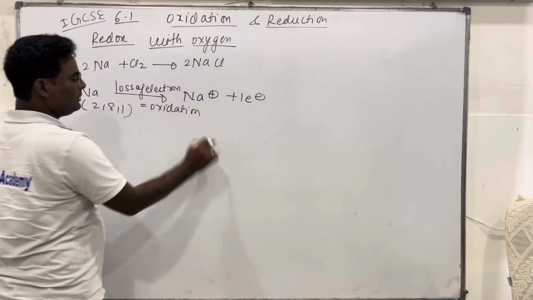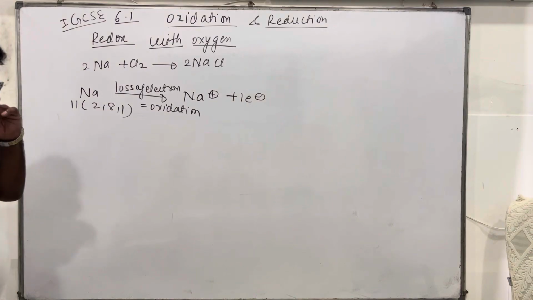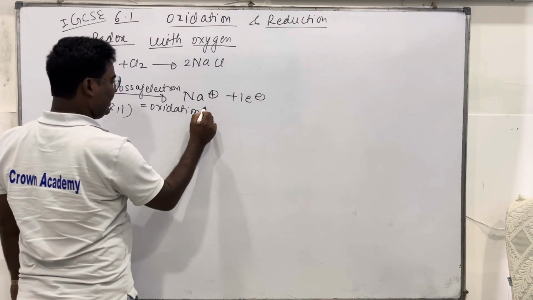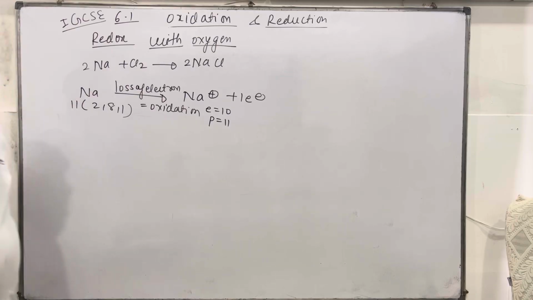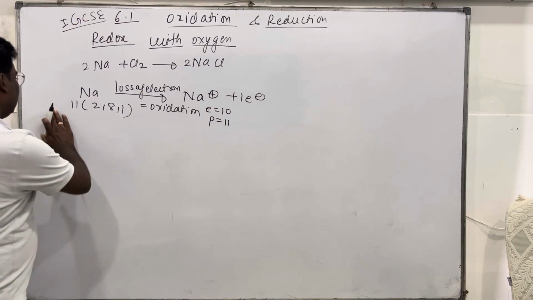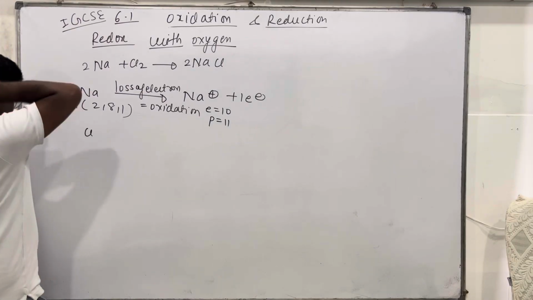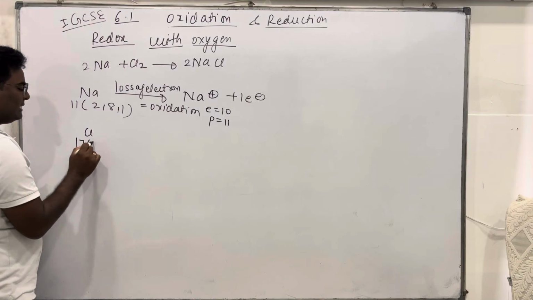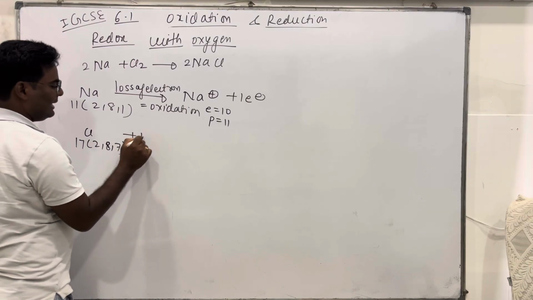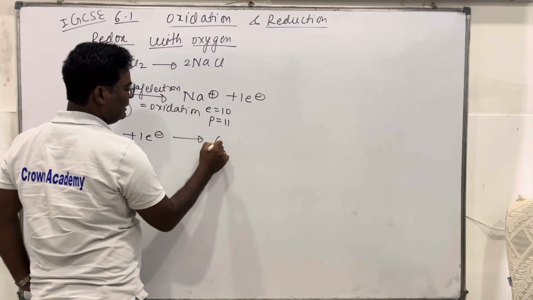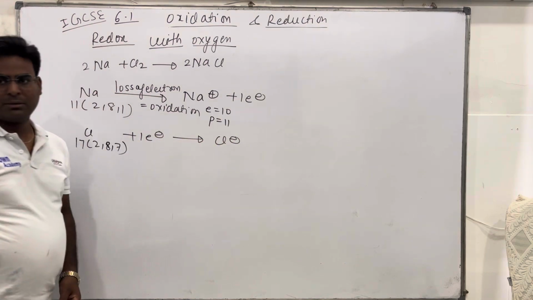So sodium is doing oxidation now and forming the cation, and it has 10 electrons now and 11 protons. In a similar manner, chlorine will gain 1 electron, atomic number is 17, 2, 8, 7. It will gain 1 electron and form Cl minus. Understood?